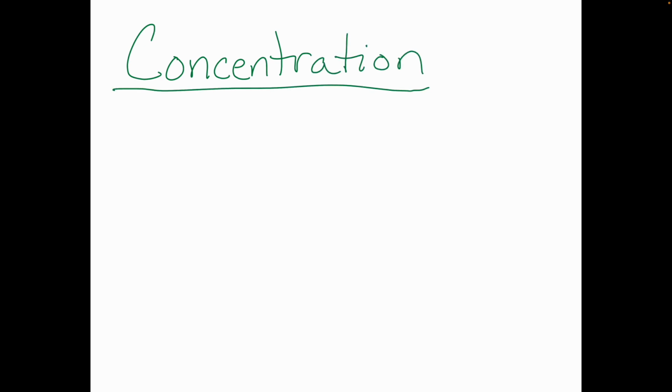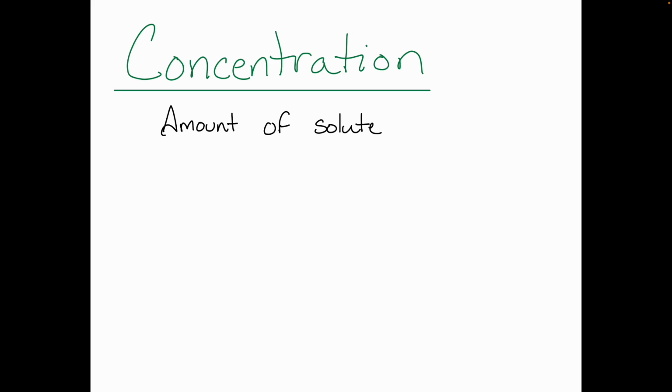All right, so that's all well and good. We got to talk about solutions quantitatively, and we do so using what we call concentration. All right, so strictly speaking, concentration is simply the amount of a solute that you have in your solution, right?